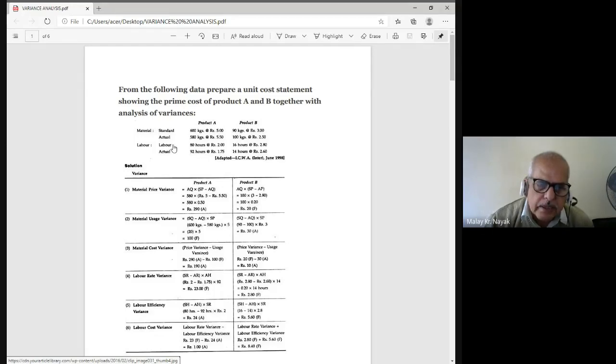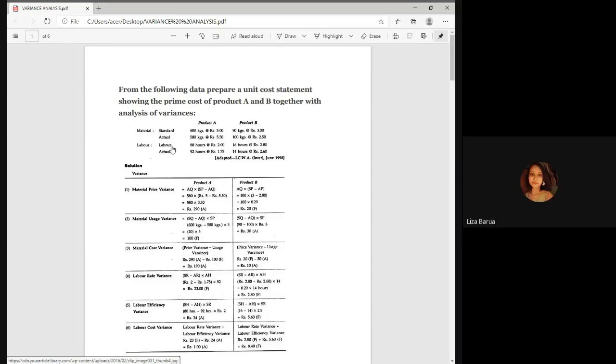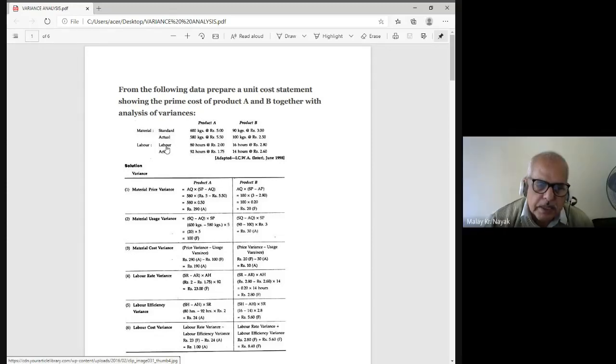The second column, instead of labor, you should write standard. Okay?